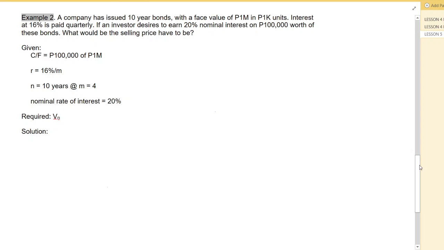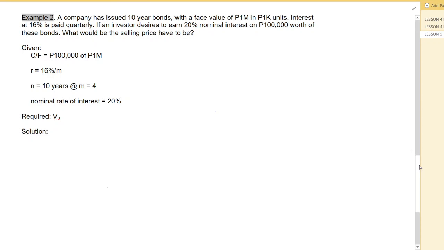So we have to divide this one by M, which is 4, since that is in quarterly. If an investor desires to earn 20% nominal interest on 100,000 worth of these bonds, so that will be the value of the amount stated on the bond. So that is C already, or that is F. Okay, so that is the par value also. So that is also the future amount.